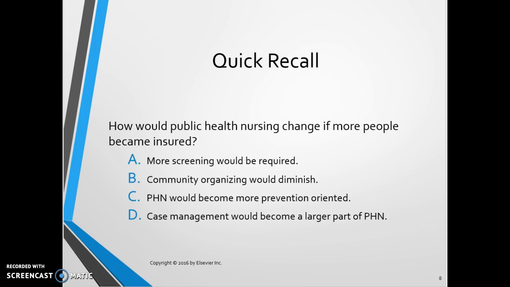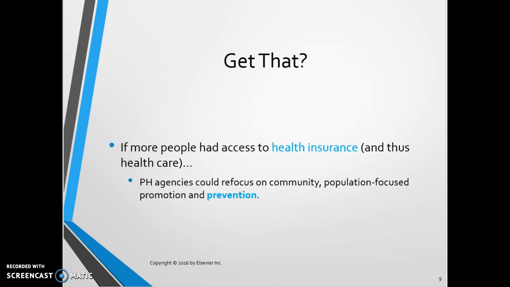The answer is C. Screening frequently follows either surveillance or disease, and health event investigation is often preceded by outreach activities. So, get that? If more people had access to health insurance and thus health care, public health agencies could focus on community, population-focused prevention and promotion.